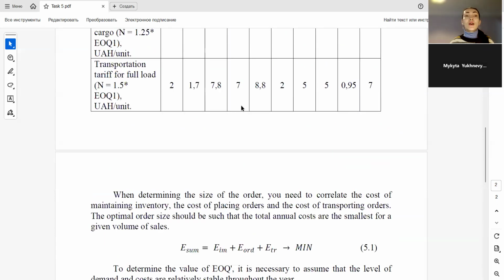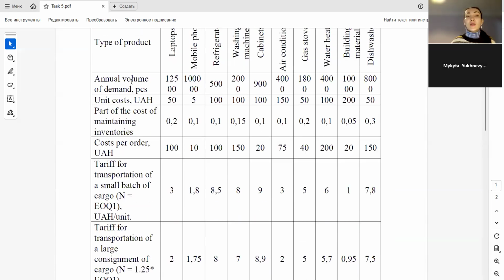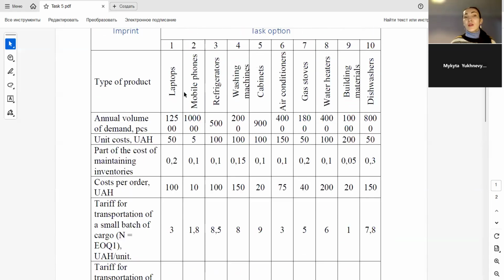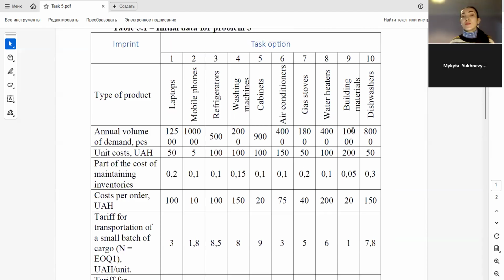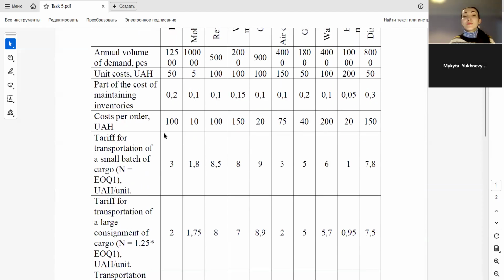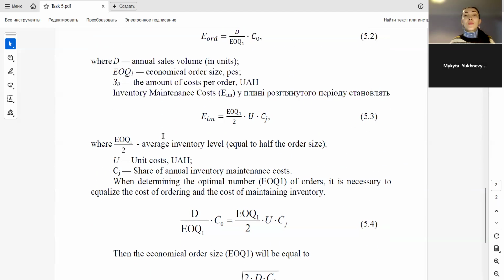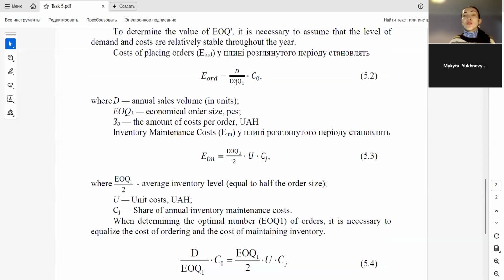Now I show it here. D, it is annual volume of demand for different variants. For first variant, 12,500. For second variant, it is 100,000, and other values for different variants. Come back to formula and divide it by EOQ1 and multiply it by the amount of cost per order.